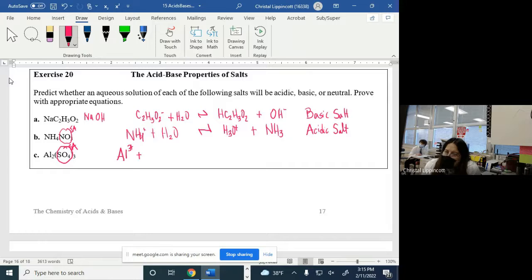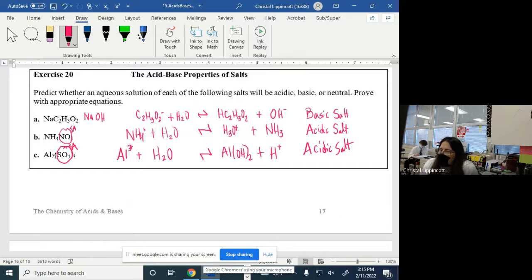He's going to take our water, grab a hold of it, and that's going to give off H plus, so that would make this acidic. He's a cation, so he's going to pull in the OH, which is an anion, and leave this behind. That's going to increase your H plus concentration, which makes that acidic.